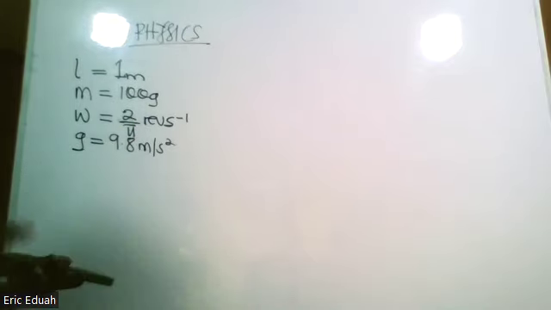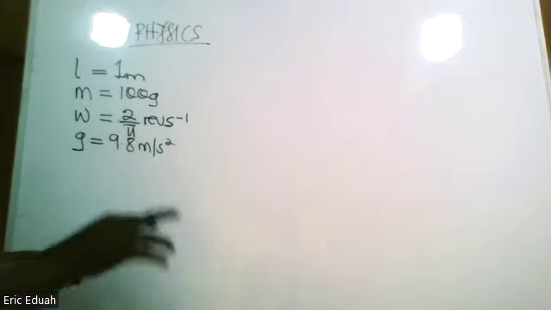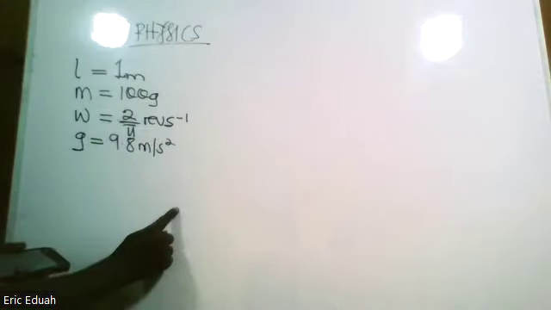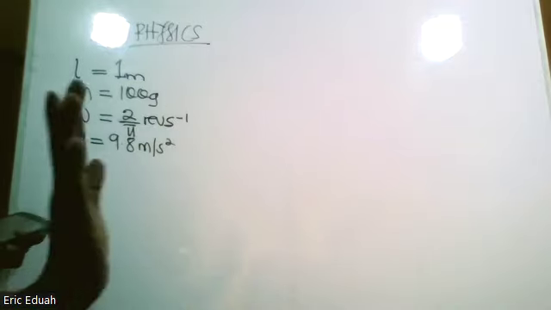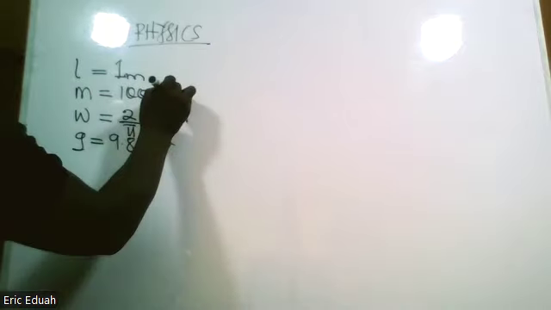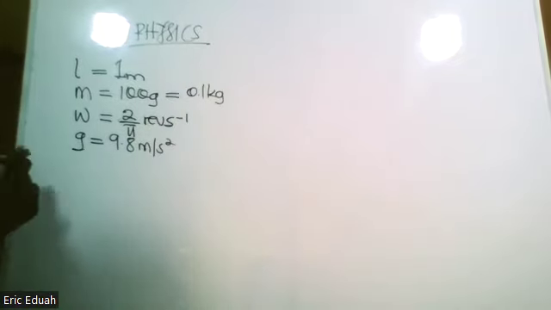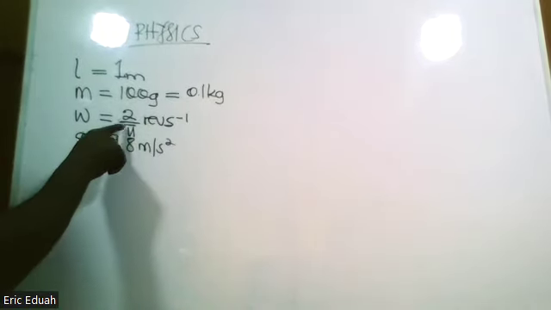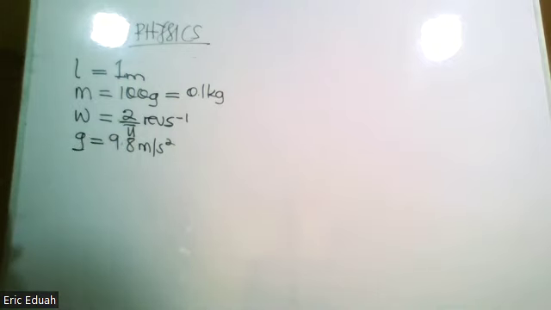So you look at the actors and the actresses of this movie. The length is in meters, SI unit, mass in grams. So quickly, this must be changed to 0.1 kilogram. This is 2 over pi revolutions per second.